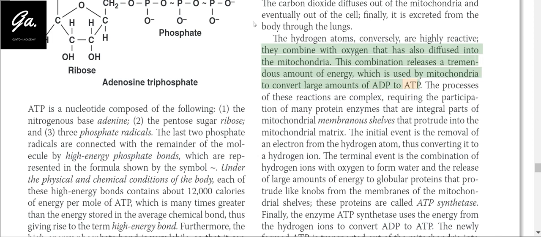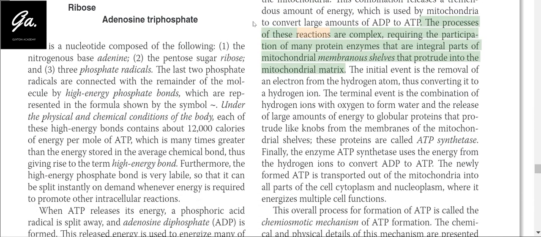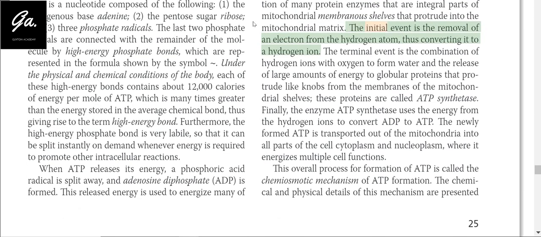ATP. The processes of these reactions are complex, requiring the participation of many protein enzymes that are integral parts of mitochondrial membranous shelves that protrude into the mitochondrial matrix. The initial event is the removal of an electron from the hydrogen atom, thus converting it to a hydrogen ion. The terminal event is the combination of hydrogen ions with oxygen to form water and the release of large amounts of energy to globular proteins that protrude like knobs from the membranes of the mitochondrial shelves.